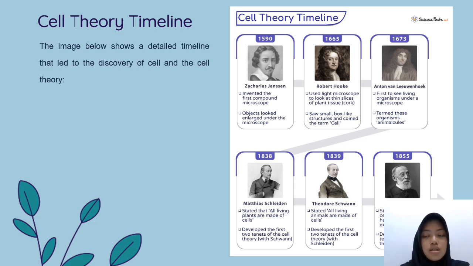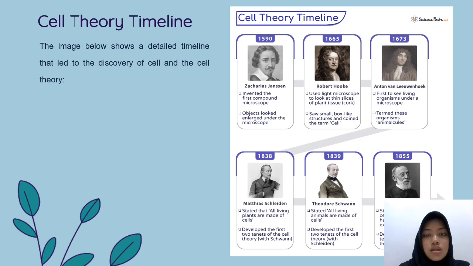And then around the same time, Theodor Schwann, a German physiologist, conducted extensive studies of animal tissue. He observed that animal tissues were also composed of cells. Similar to what Schleiden had discovered in plants, Schwann concluded that all living organisms, plants and animals, were made up of cells.